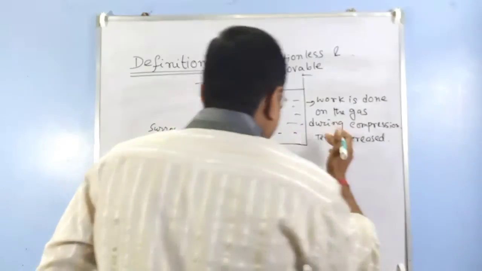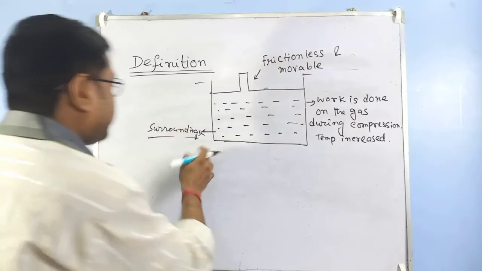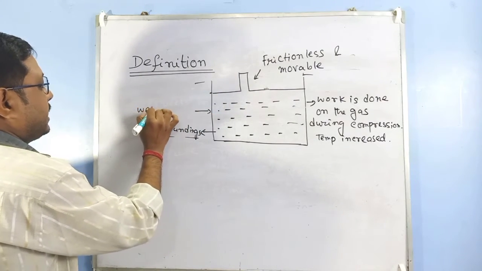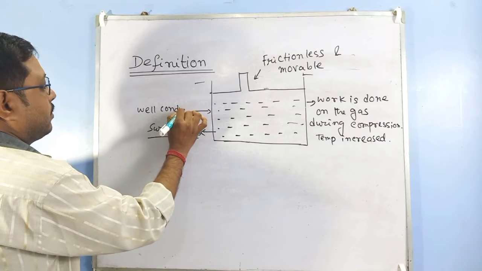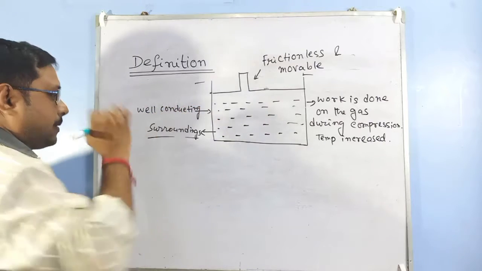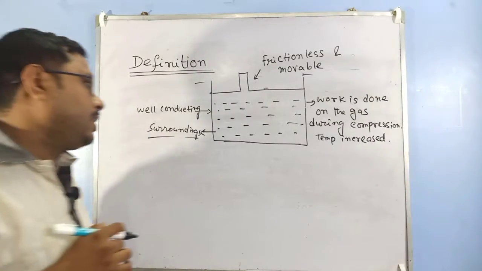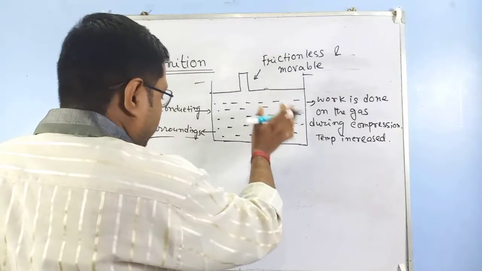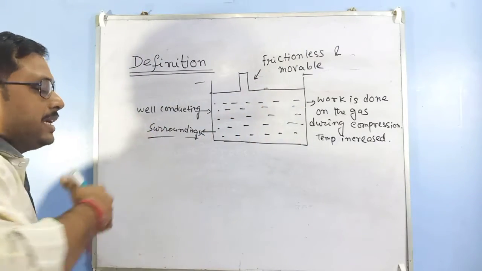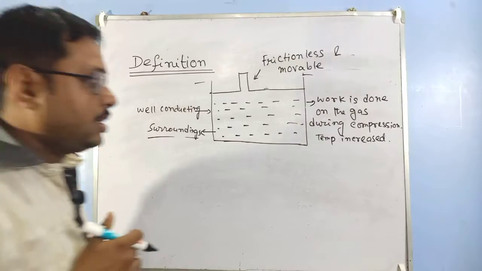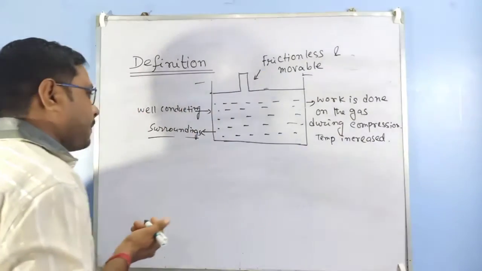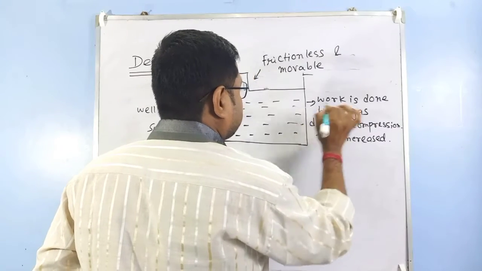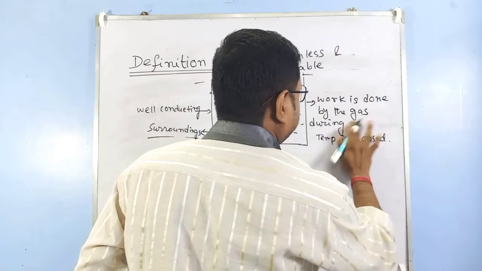So to transfer the heat to the surroundings, the wall of the container must be very well conducting. Again, when the gas is allowed to expand, the reverse phenomenon occurs. When the gas is allowed to expand, work is done by the gas during expansion.